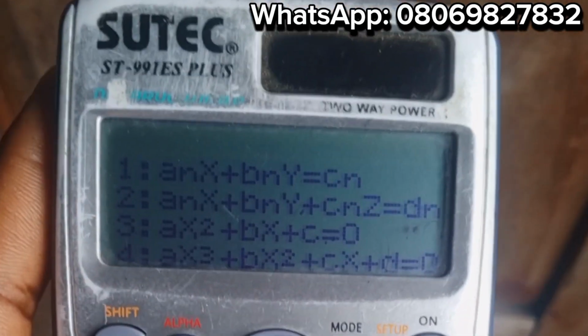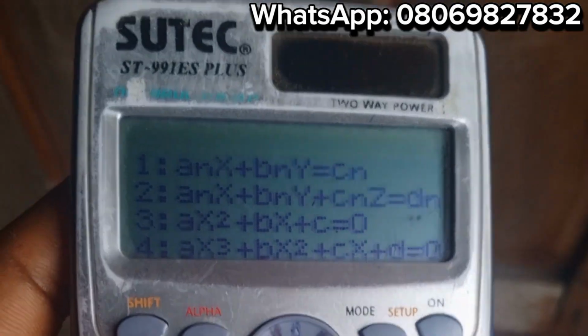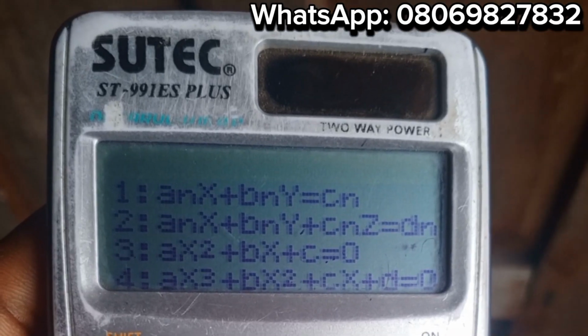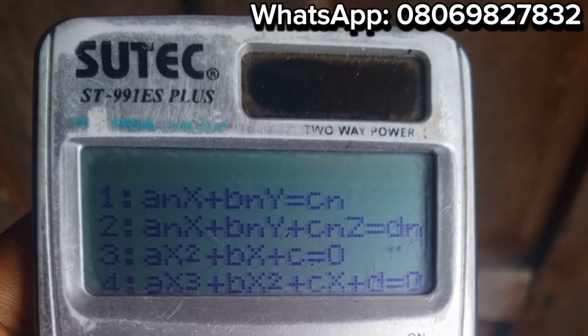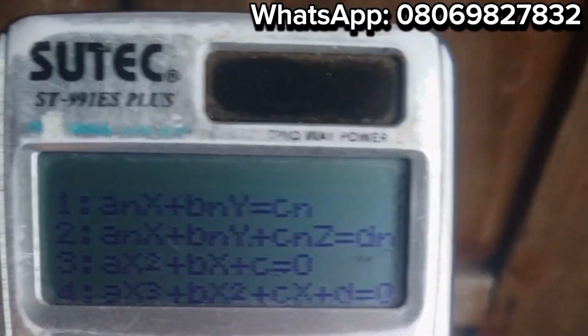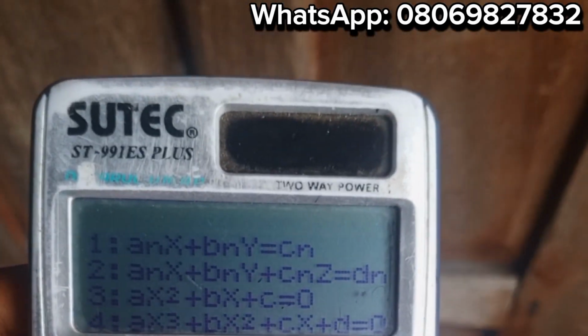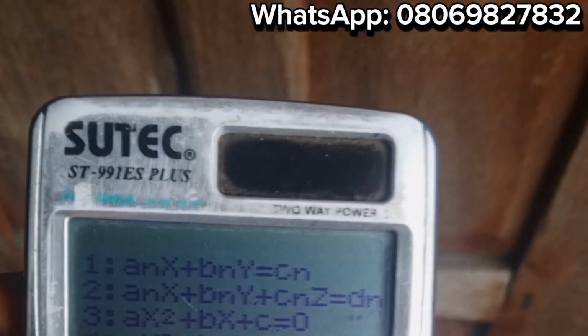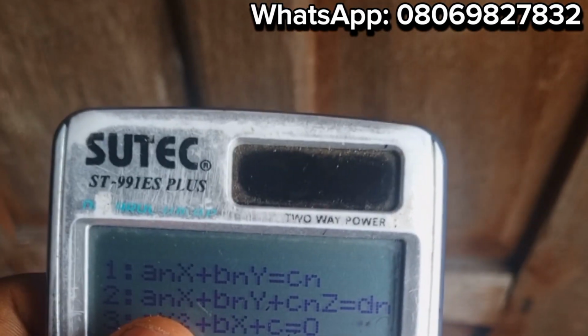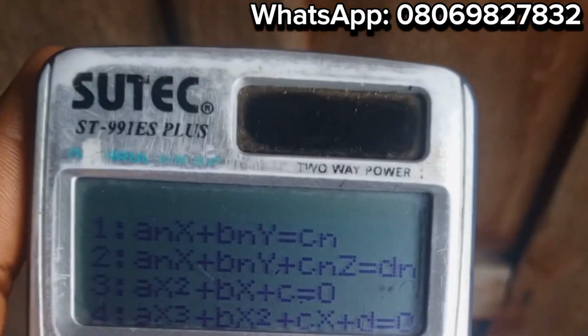After punching 5 on the calculator, this will display. The first one is a simultaneous equation. The second one too is a simultaneous equation, but what we are dealing with is four boxes. So the second one here is 1 2 3 4. Since we are having four boxes, we have to use the number 2. Now look at your number 3.